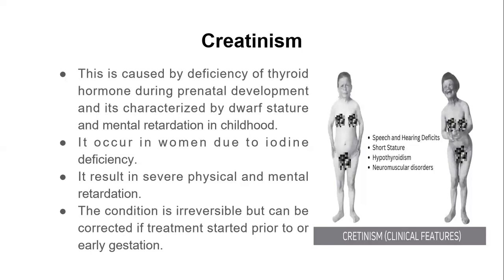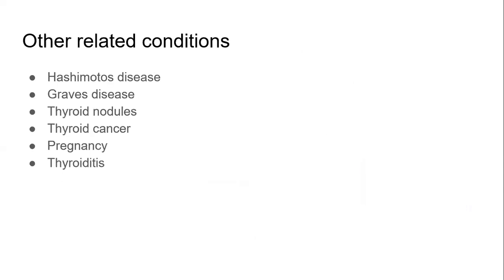That's cretinism. So we then talked about other related conditions like Hashimoto's disease. Typically, what happens in the case of Hashimoto's disease is an autoimmune condition where the immune cells attack the thyroid gland, and this causes the thyroid gland to be unable to produce the thyroid hormones due to the damage and inflammation.